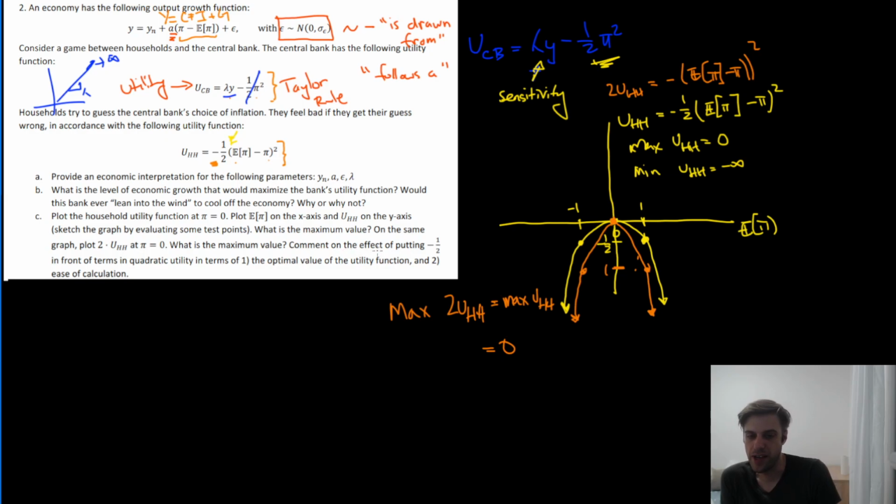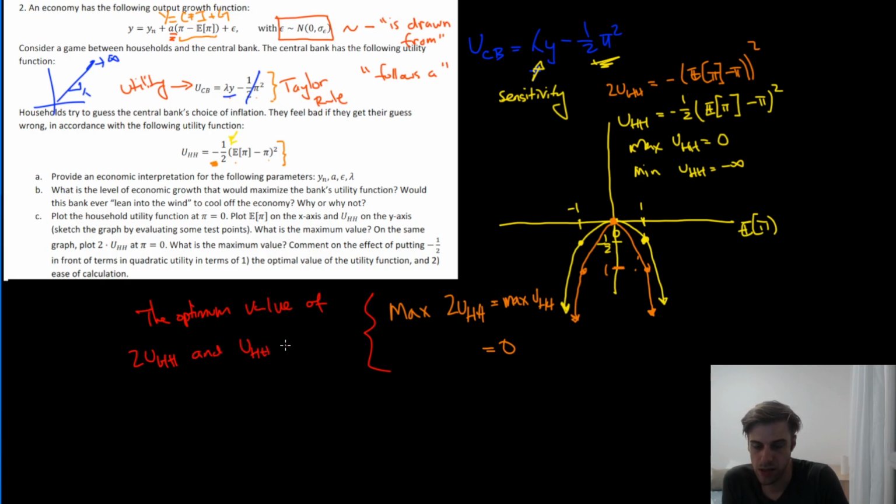It says, comment on the effect of putting minus 1/2 in front of the quadratic utility in terms of, 1, the optimum value of the utility function. Well, the optimum value is the same. The optimum value of 2UHH and UHH is the same.